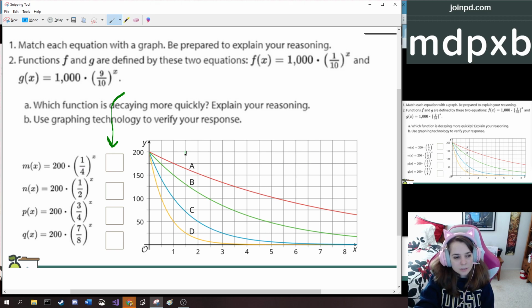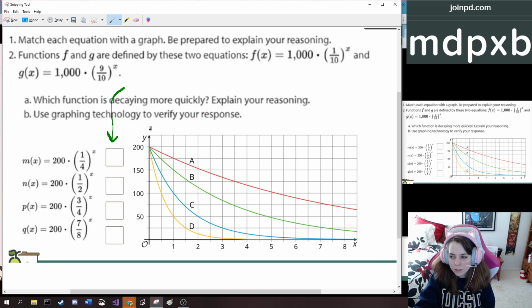In the tools, you can either type the answer in.